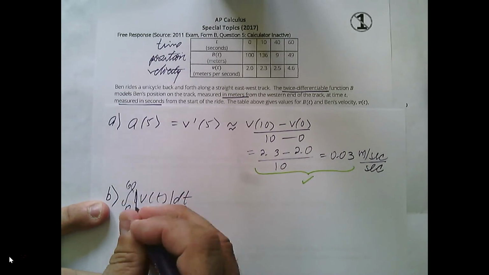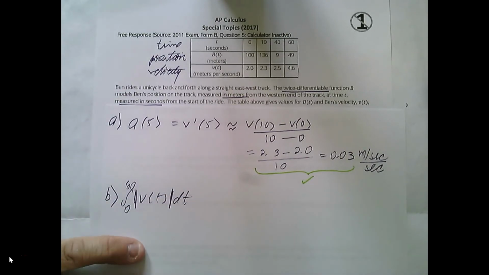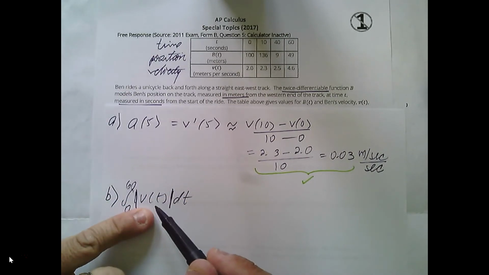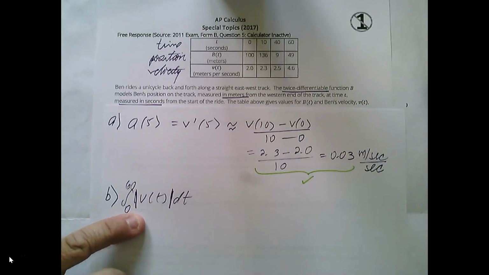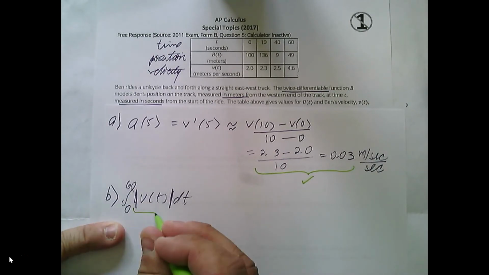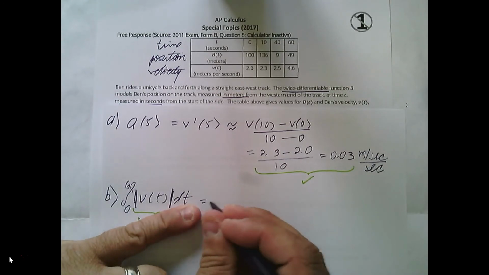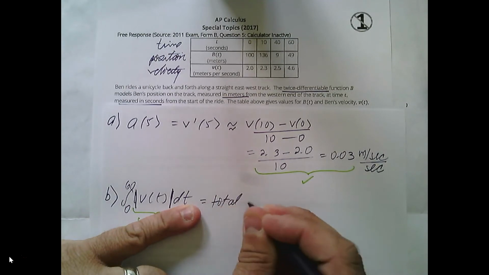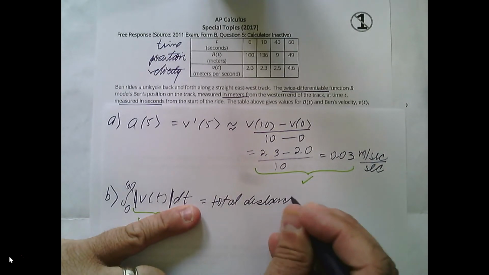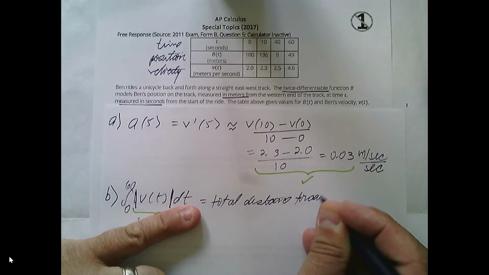You just have to have this memorized at this point. They ask it all the time. You've got velocity. You're taking the absolute value of velocity, which makes this now speed. If you integrate speed, what you're going to get is the total distance traveled. Total distance traveled.